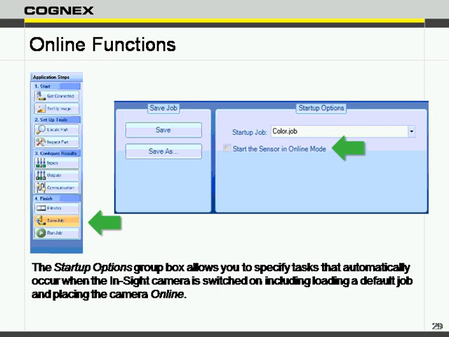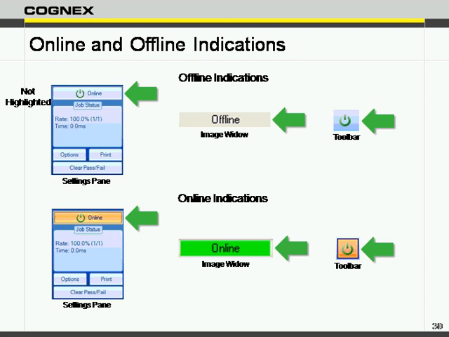Another functionality with the online function is we can go through our Save Job step, step 4, and start the sensor in online mode when the camera starts up once again, and select a job to start up with. Another feature that is available to us.